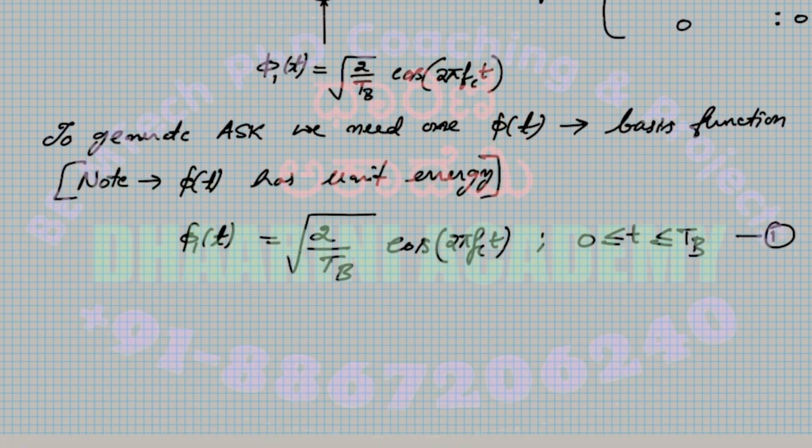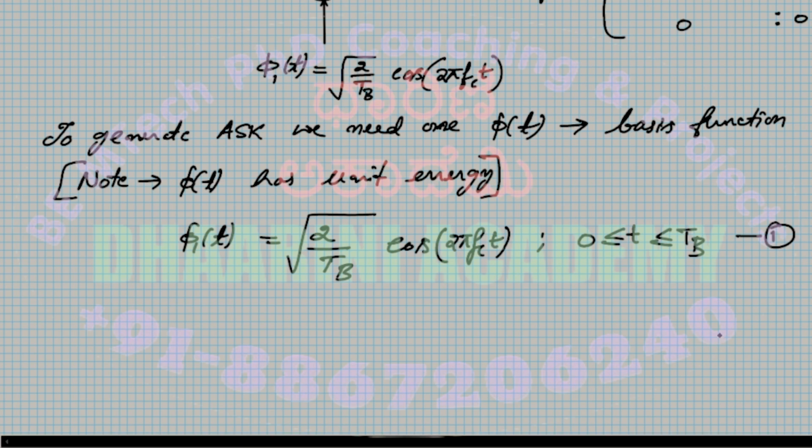I know what capital TB is, so I'm not going to write that. It's the duration of each bit. EB is the energy of each of the bits. And S of t, the output waveform of ASK, is nothing but you multiply root EB into this phi 1 of t.